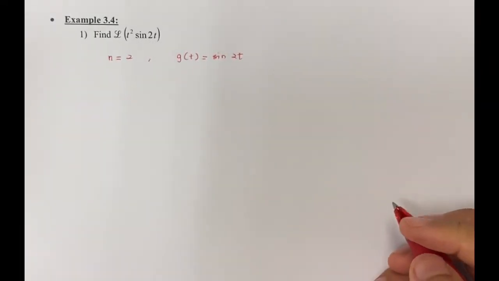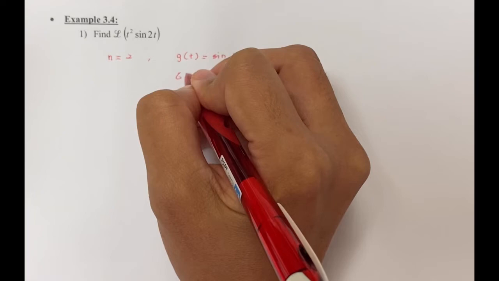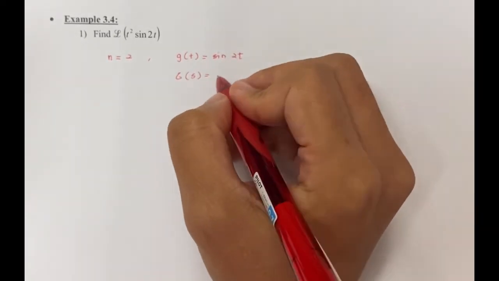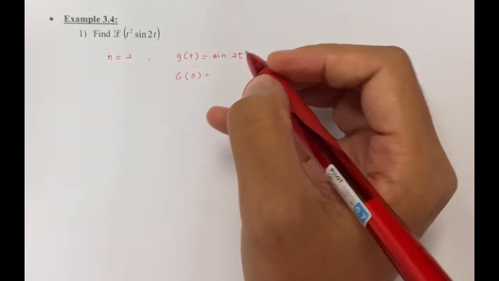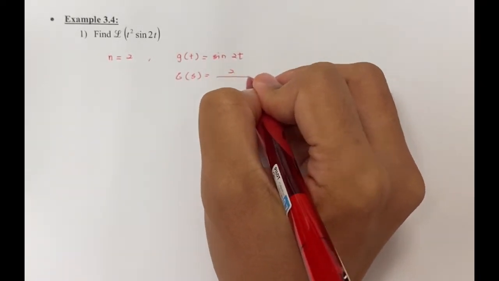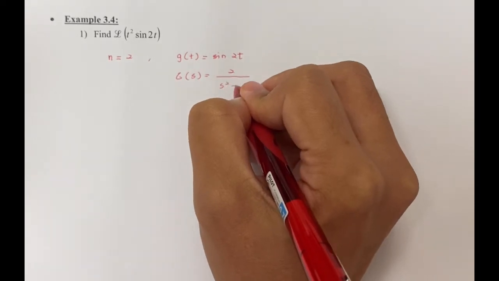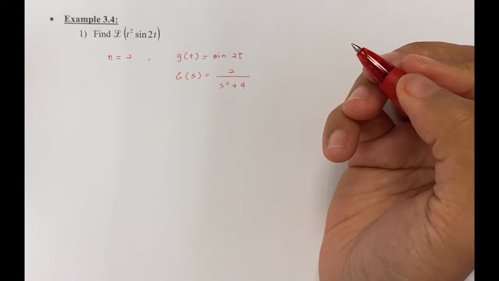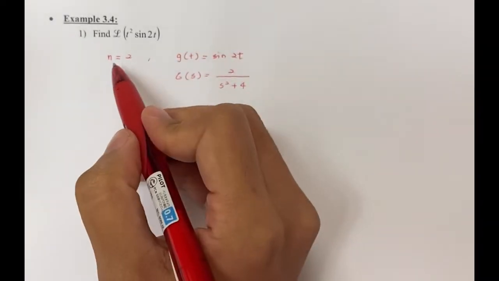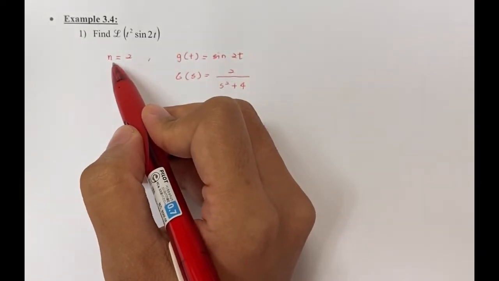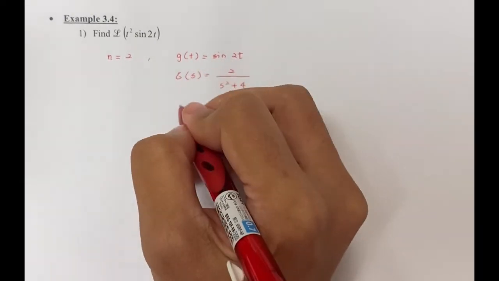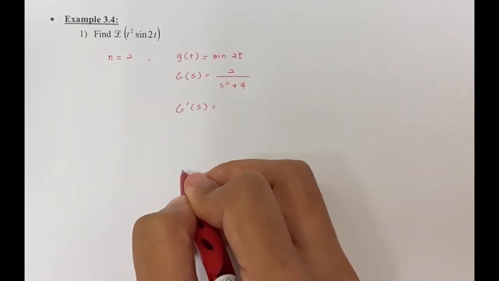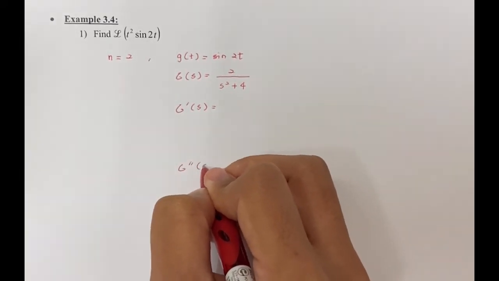And then from g(t), we find G(s). The Laplace transform for sine 2t is equal to 2 over s squared plus 2 squared, and 2 squared is equal to 4. Next, refer to your n. If n is equal to 2, you need to find G prime(s) and G double prime(s).